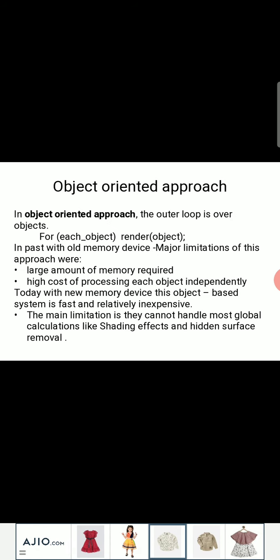Object oriented approach. Here in this approach, the outer loop is over the objects. That is, for each object, we need to render the object independently. With the old memory devices, there were two major limitations with this approach: the large amount of memory requirement and the high cost of processing each object independently.